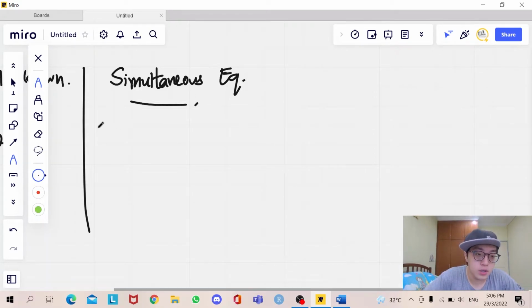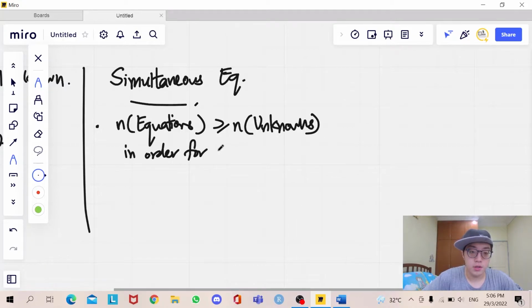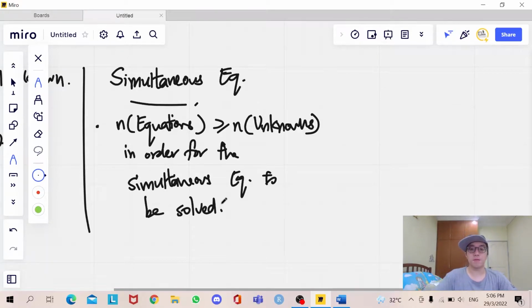There's one thing I want you to take note of: the number of equations must be more than or equal to the number of unknowns in order for the simultaneous equation to be solved. For example, if you have two unknowns, you need at least two equations in order for you to find out both unknowns. Three unknowns, three equations, and so on.